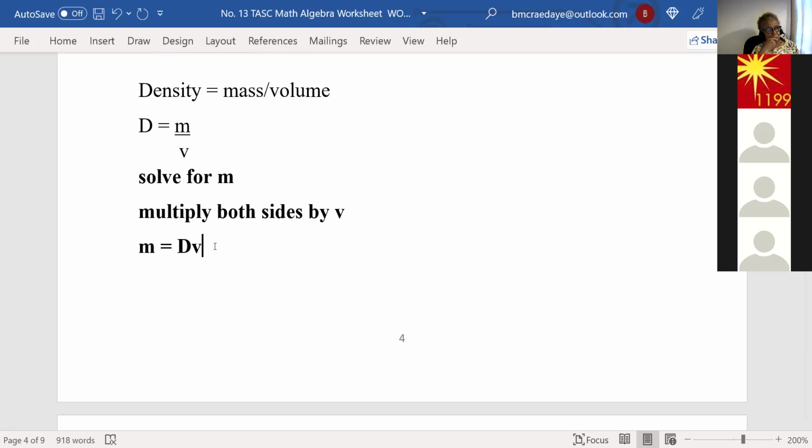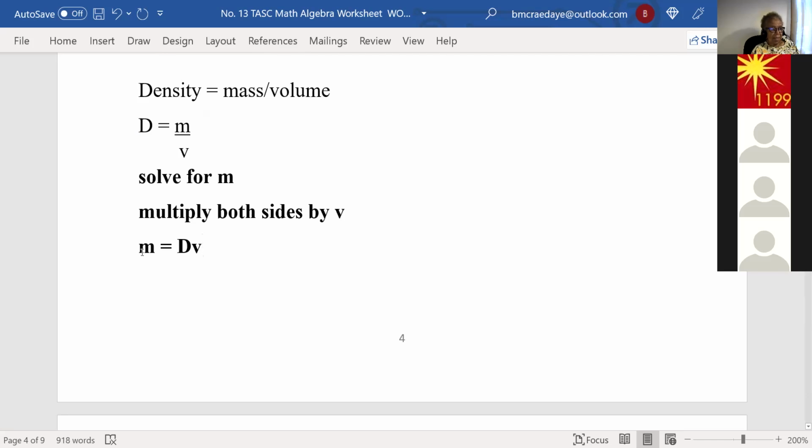So what we just did, the other problem is similar to this one. You do the opposite operation to get what you're looking for. Like here, we're looking for M. So M is being divided by V. So that means we multiply by V. And V over V is 1. And V times D is V times D, or D times V, either order.